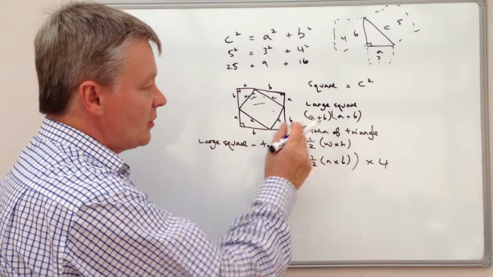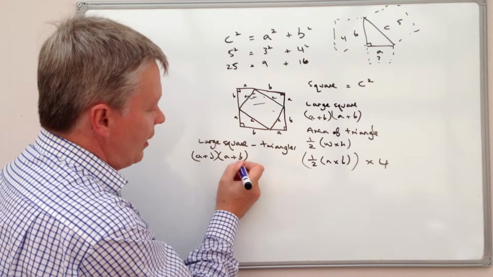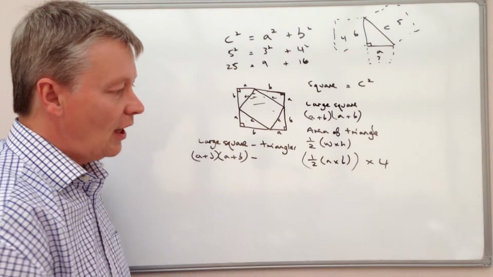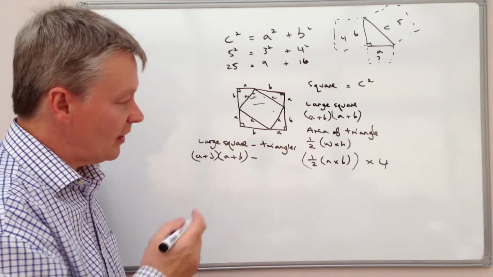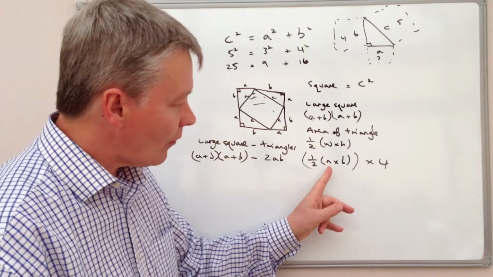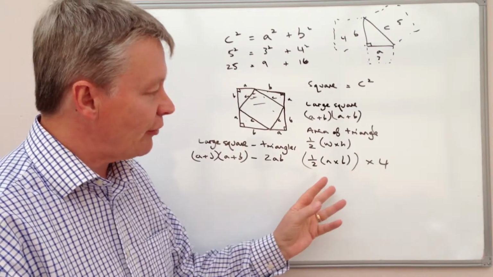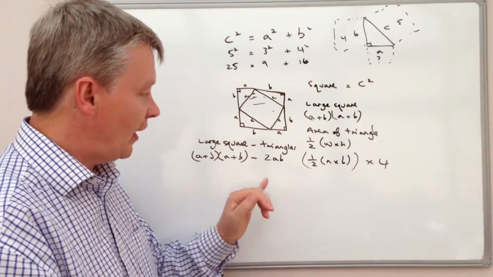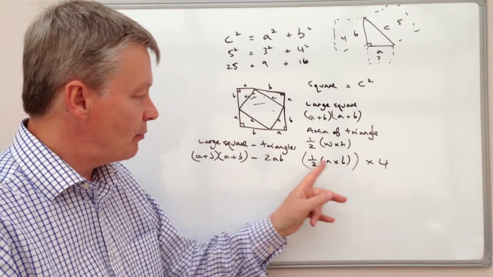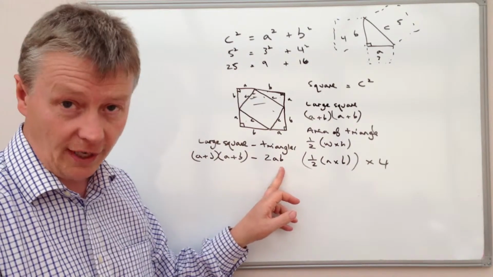Okay, so large square is A plus B multiplied by A plus B. And the area of the triangles we've said is this, which is 4 times a half A times B. So that's going to equal 2AB, because we've got A times B, which is AB, a half times AB, and if we've got 4 lots of a half, then that equals 2. So 4 times a half is 2 AB. So the area of the triangles in total is going to be 2AB.